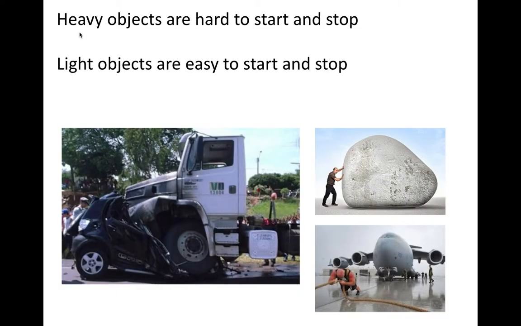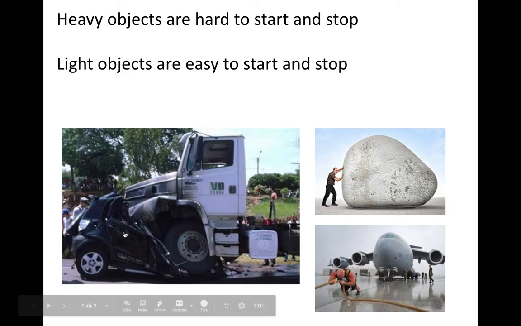Second thing, here's what we generally know. Heavy objects are hard to start, and they're also hard to stop. A big boulder is hard to start moving or pushing, but a big truck is also very difficult to stop because they have a lot of inertia. Light objects are very easy to start, but they're also very easy to stop.